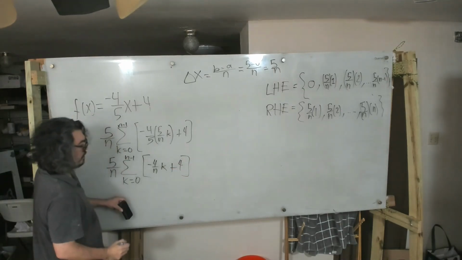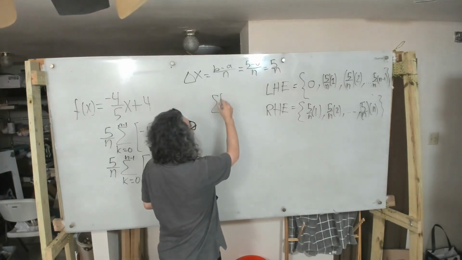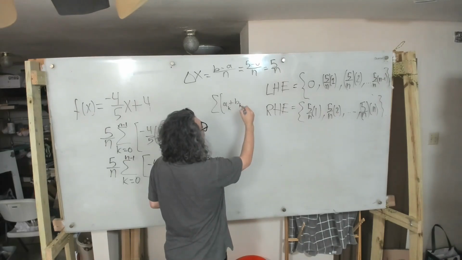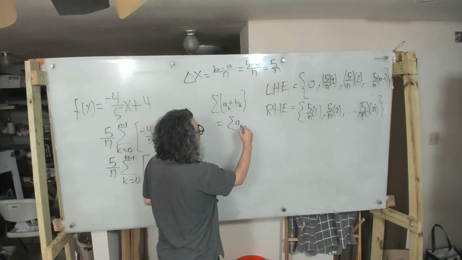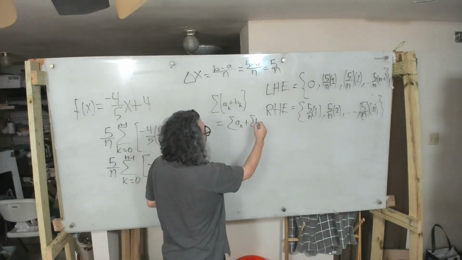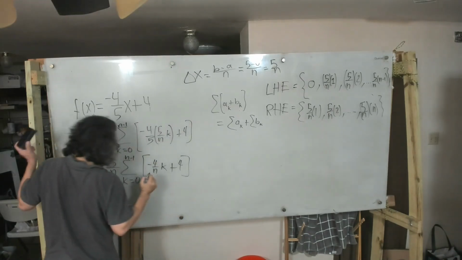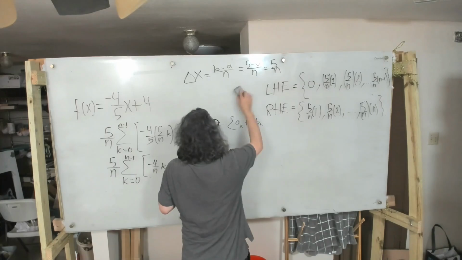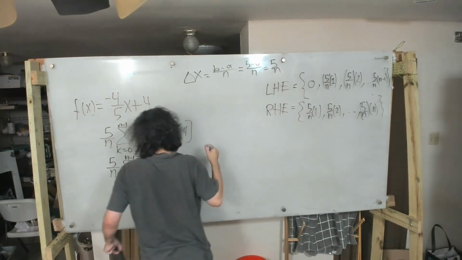Okay. Now there is a rule, and it says that the summation of a sub k plus b sub k is equal to the summation of a sub k plus the summation of b sub k. Okay? So in this case, I can do that. I can break this as follows.